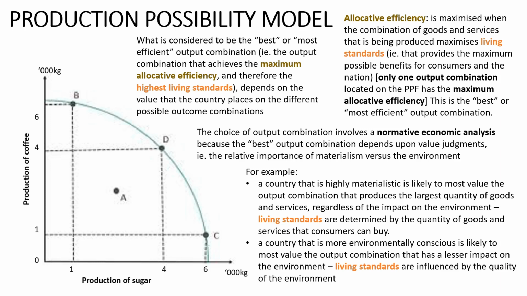This is because in a highly materialistic society, living standards are largely determined by the quantity of goods and services that consumers can buy. On the other hand, a country that is more environmentally conscious is likely to most value the output combination that has a lesser impact on the environment. This is because in a more environmentally conscious society, living standards are substantially influenced by the quality of the environment.